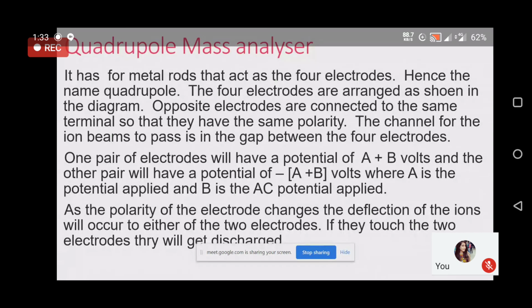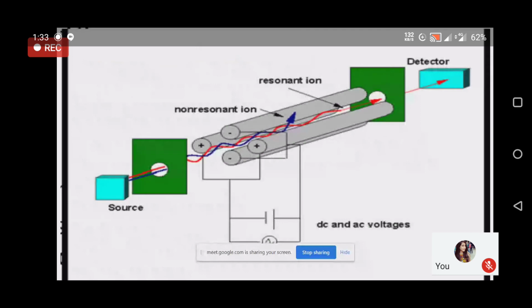We are not discussing the physics of quadrupole. If you have seen, we have got a lot of diagrams afterwards.